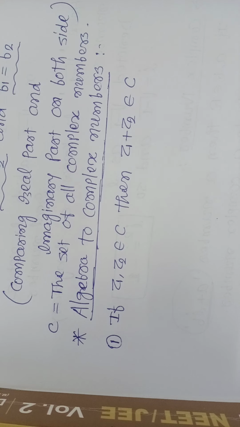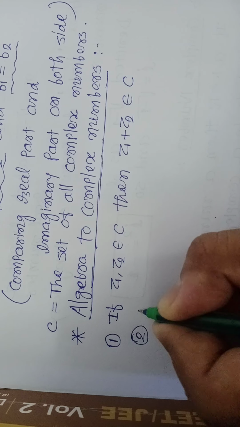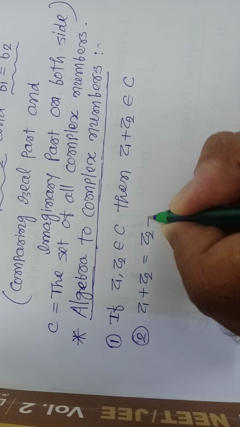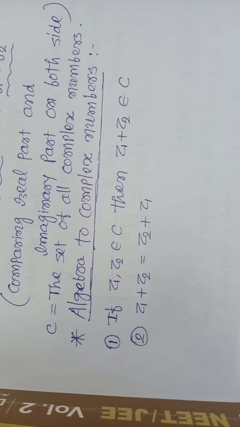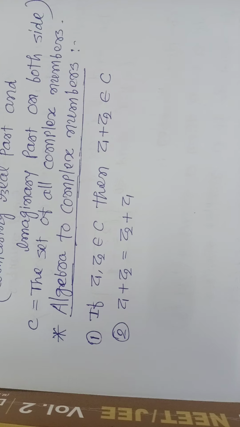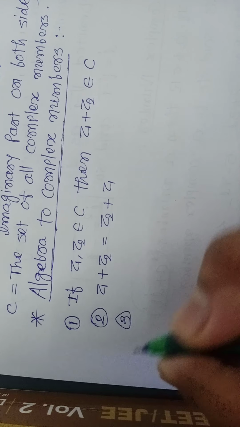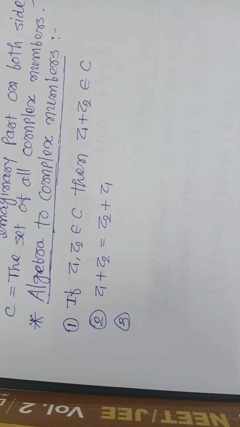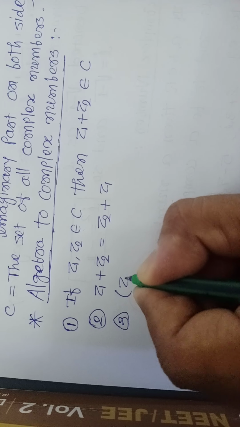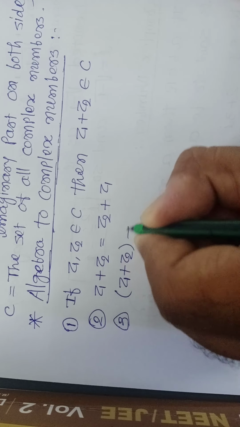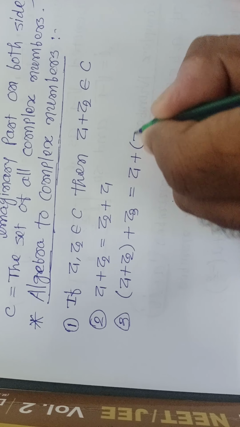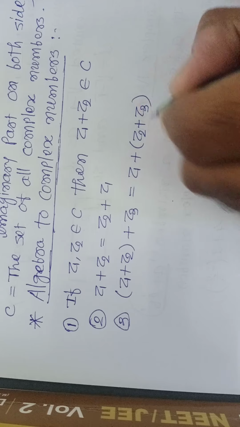It's very obvious. Second thing, z1 plus z2 can be written as z2 plus z1 clearly. There is no issue about it. Third one, z1 plus z2 plus z3 can be written as z1 plus z2 plus z3 with the grouping changed.